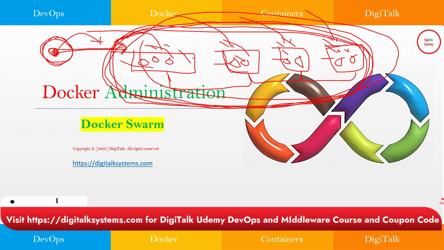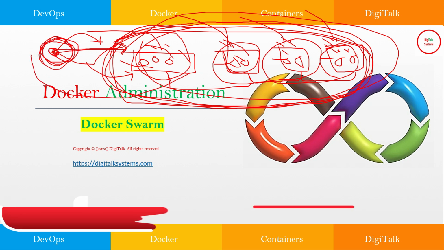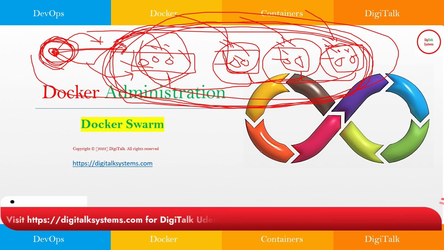It will automatically stop all the containers. If you would like to roll out a new image, you can do it with the help of Docker Swarm. It will roll out the new image on each and every node. You want to update your application in the containers, then you can do it with the help of Docker Swarm. It will automatically update all of your applications from this single location. So it is a kind of centralized management of a multi-container architecture, right?